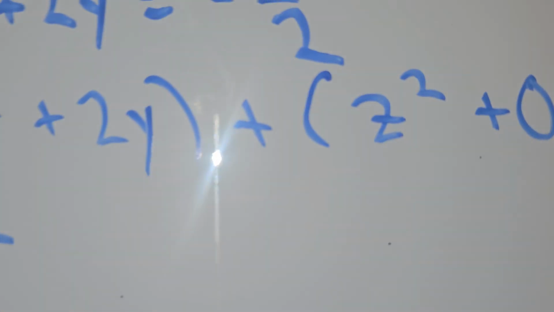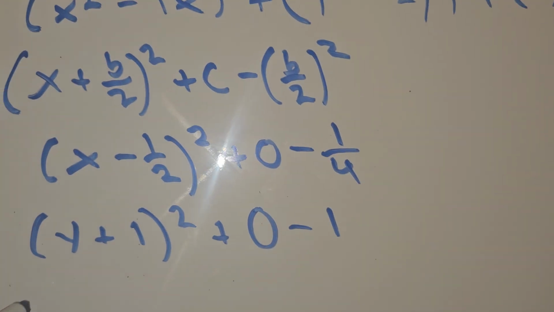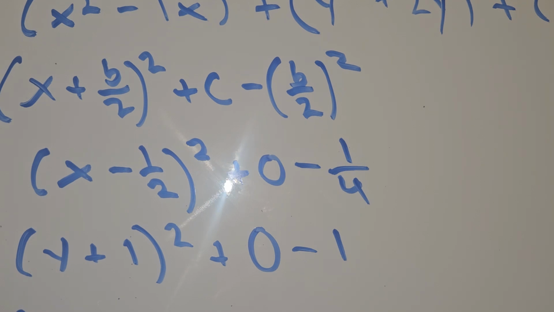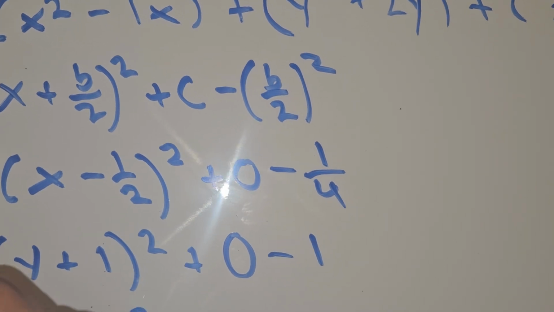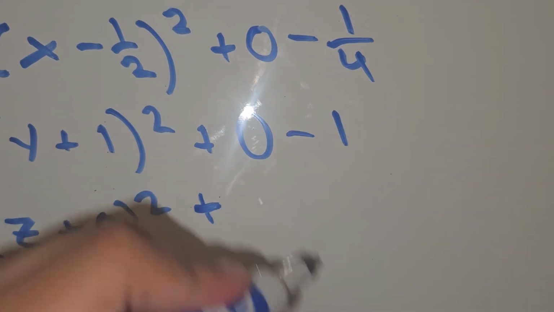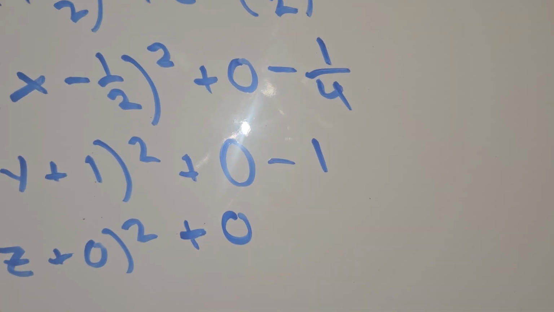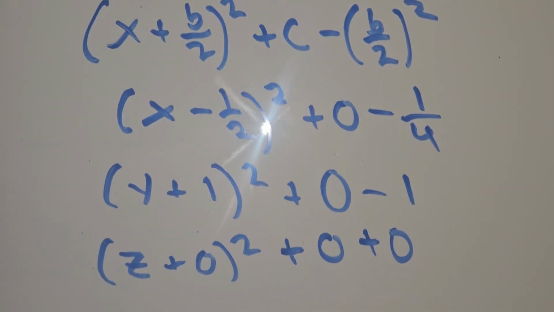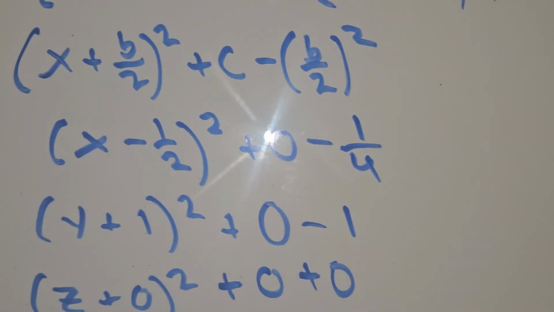Now let's do this one, z. Z plus 0 squared, because 0 divided by 2 is 0. We have no c value and no b value, so plus 0. Now let's go ahead and add all of this together.